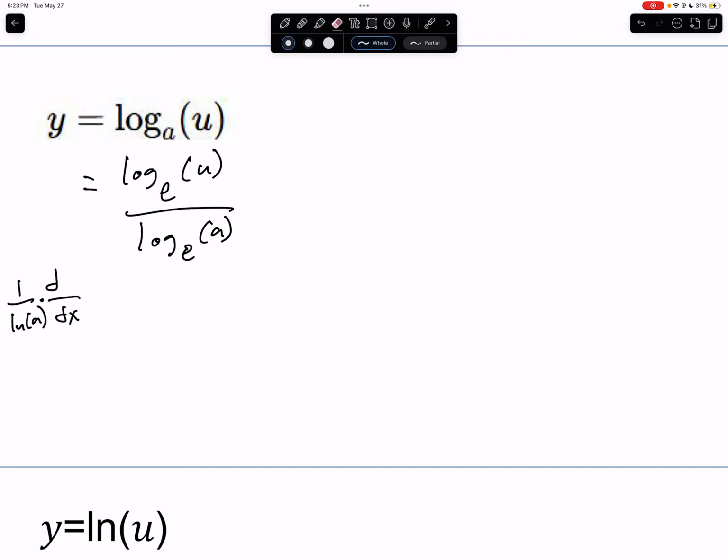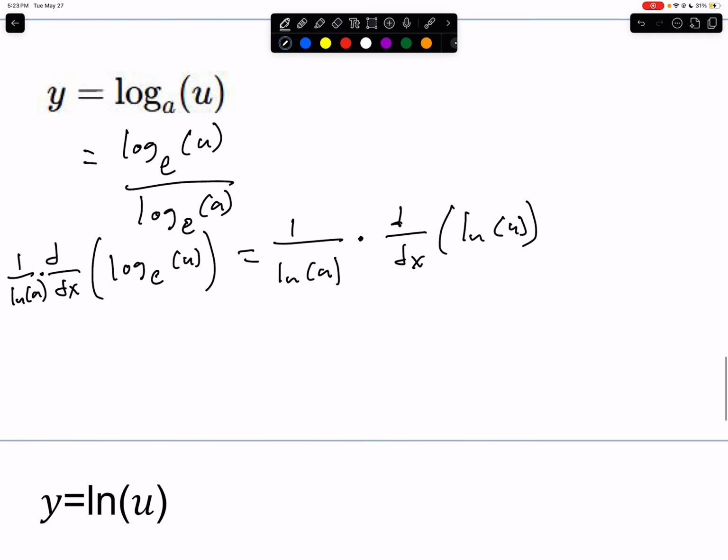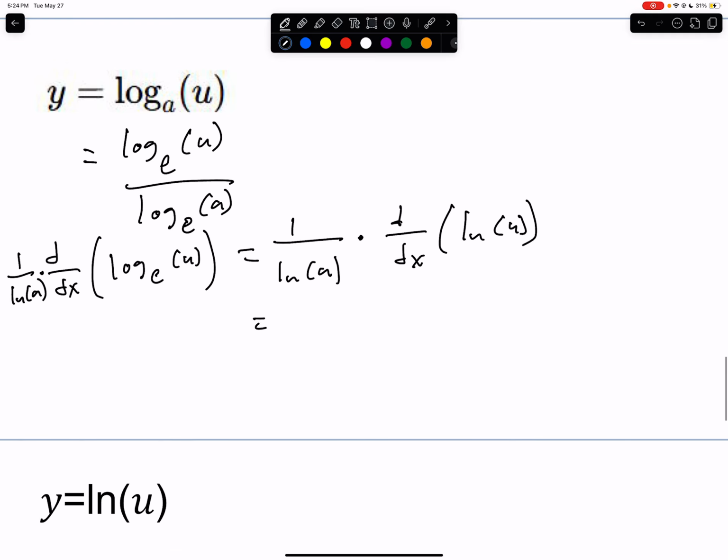d dx of log base e of u. This is the same as 1 over ln of a times d dx of ln of u, because log base e of u is the same as ln of u. And then this will just be 1 over ln of a times 1 over u times du dx.